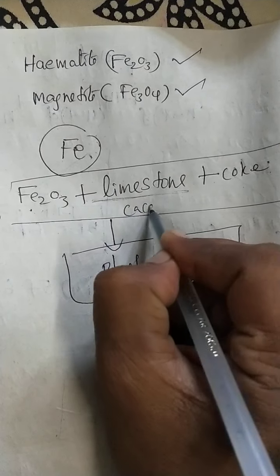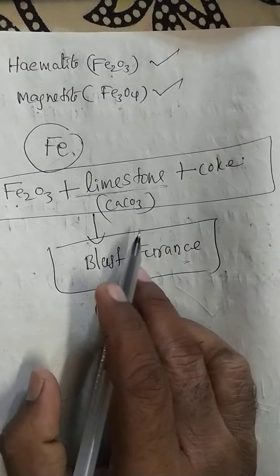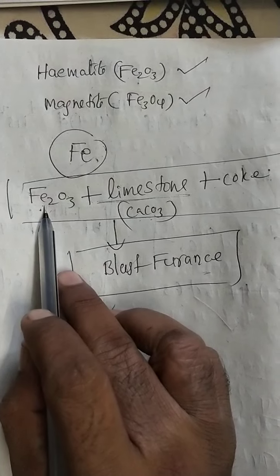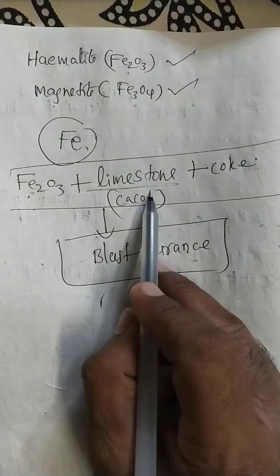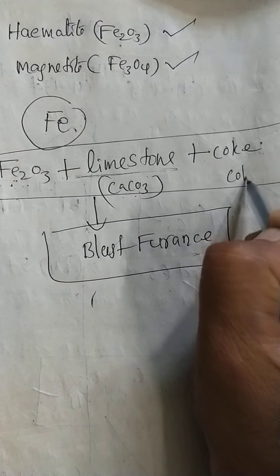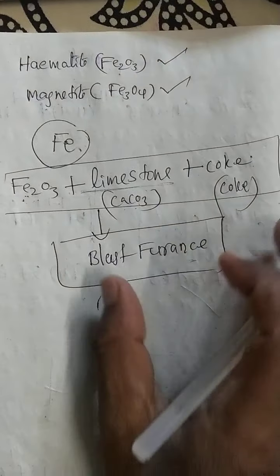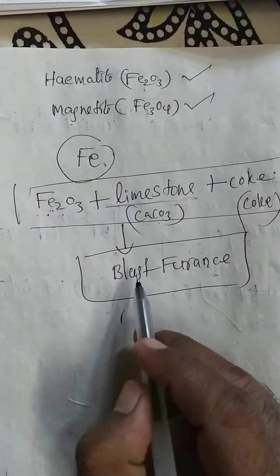Limestone means CaCO3. What is the use of adding limestone? Later we will explain. So first of all, ore plus limestone plus coke, the entire substance is sent into the blast furnace.